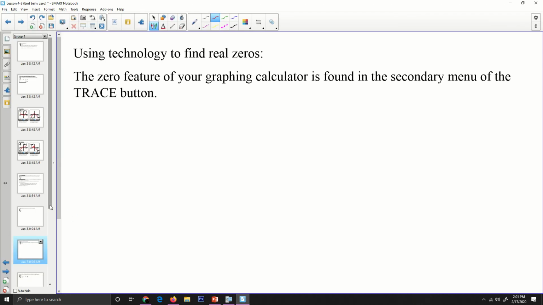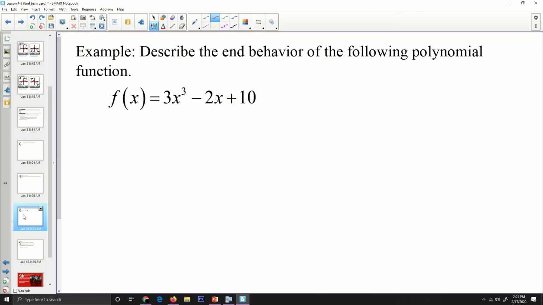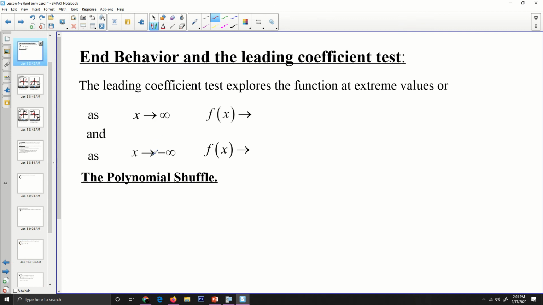All right, moving on. It says describe the end behavior of the following function. So we're going to go back up to this slide right here. Whenever you're asked to do end behavior, you're going to start with this, and we're just going to fill in the blanks for this f of x and this f of x.